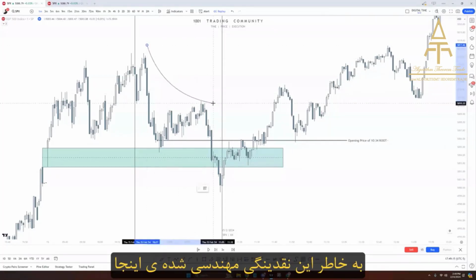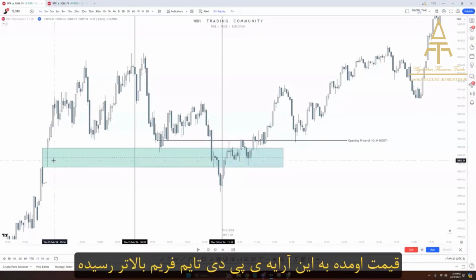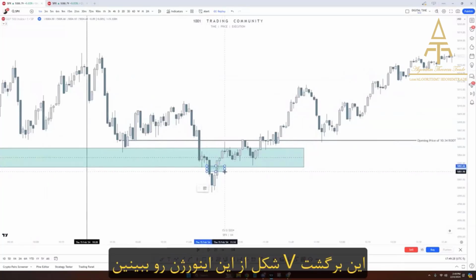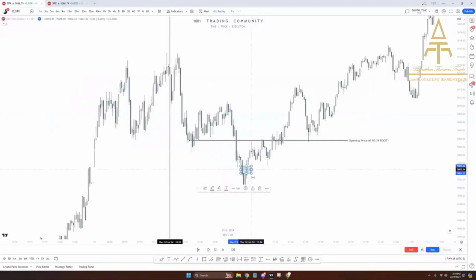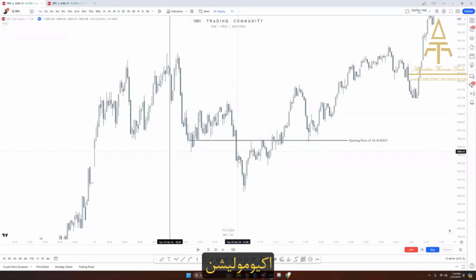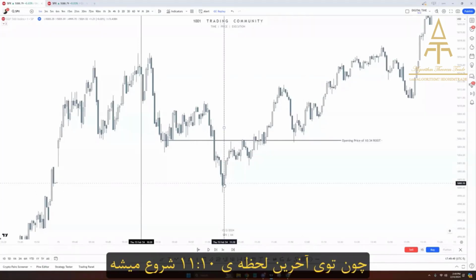Because this engineered liquidity here, this higher time frame PD array being tapped into, and let me erase this vertical line, this V-shape recovery off this inversion. There's your manipulation. AMD. Accumulation, manipulation, distribution. Still technically Model 11 because it is at the very latest going to begin at 11:10.